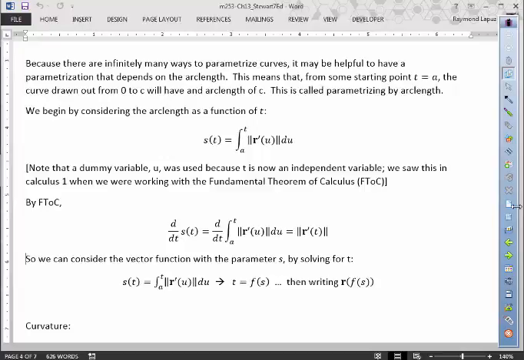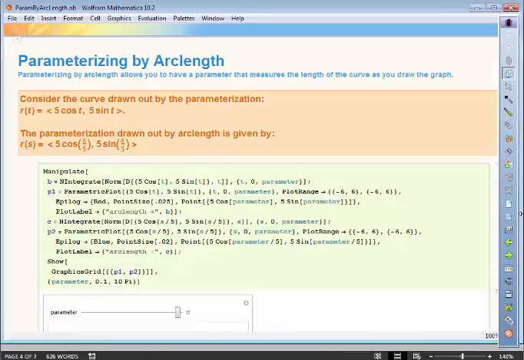But let's just say whenever I mention parametrizing by arc length, then that just means the variable t becomes the variable s. And then the length that you're measuring is dependent only on s. I wrote this a long time ago. I don't know if I remember what it says.